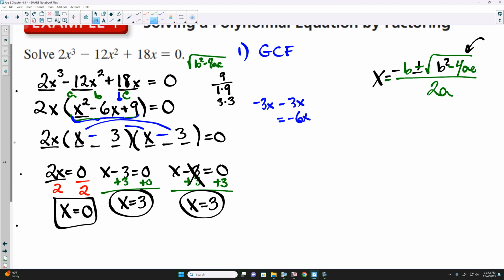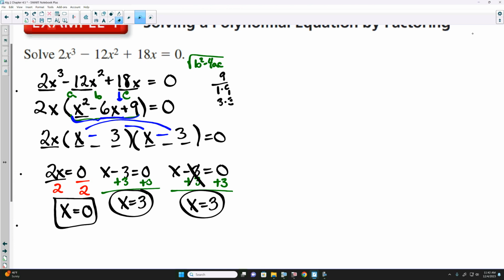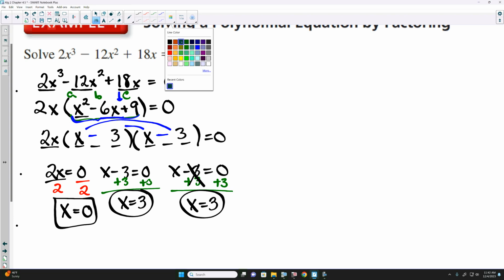So our 3 solutions are x equals 0, x equals 3, and x equals 3. Questions on any of this so far?